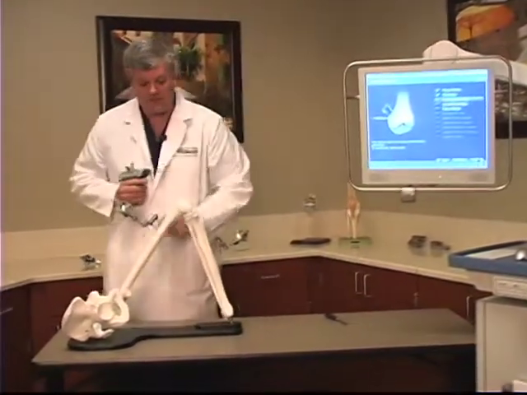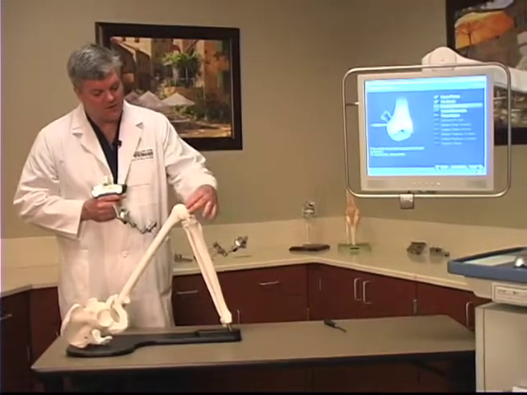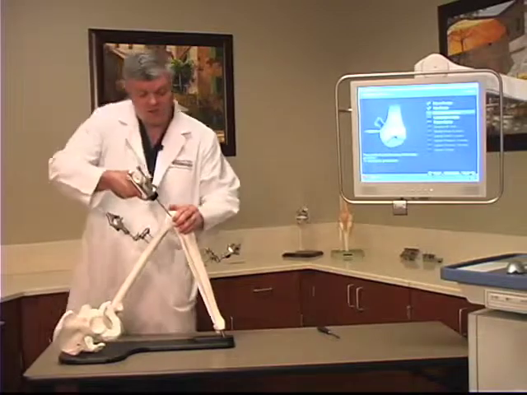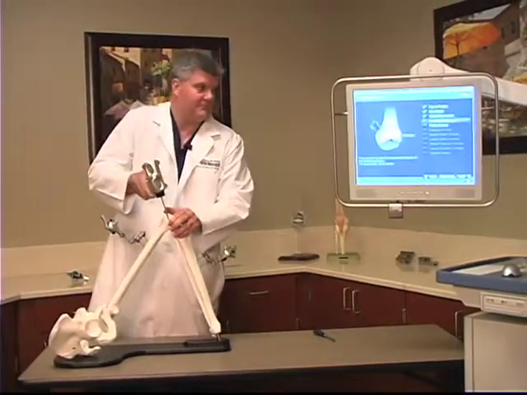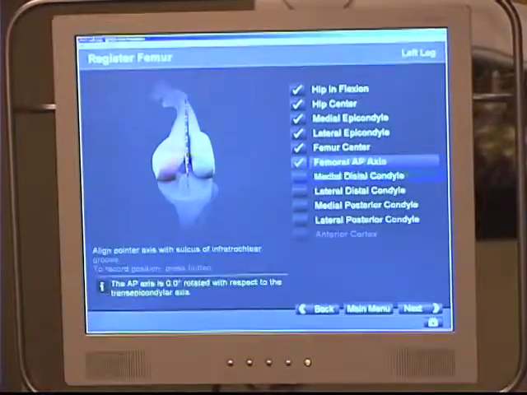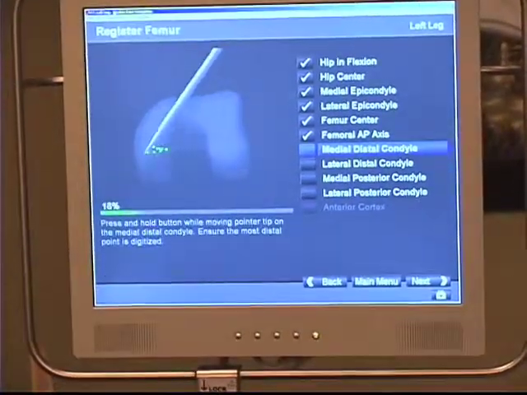The hip has been defined. Now we need to tell the computer where the femoral component or where the femur is. First one is the epicondyle, lateral epicondyle, white sides axis, distal medial femoral condyle.